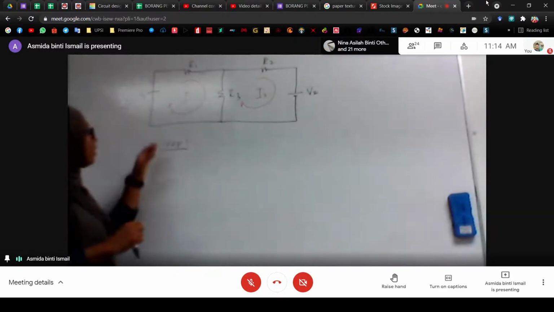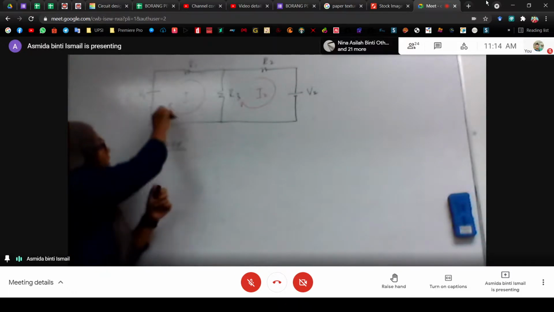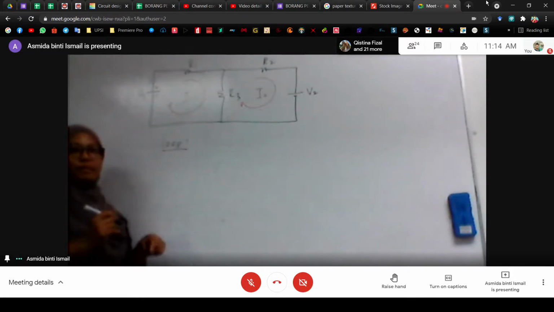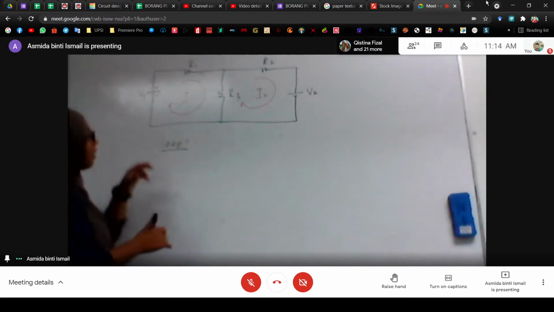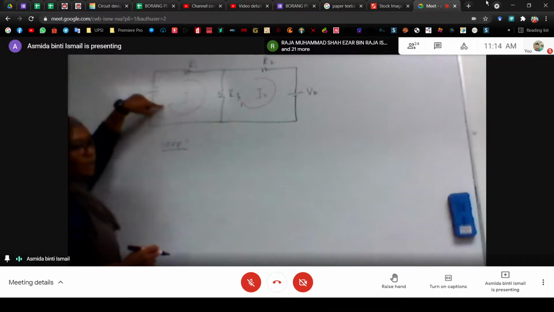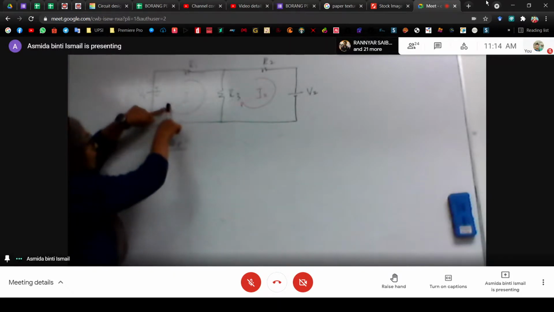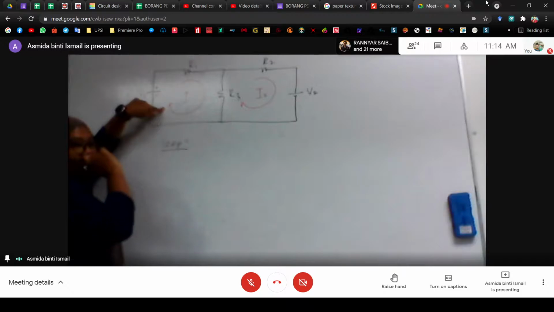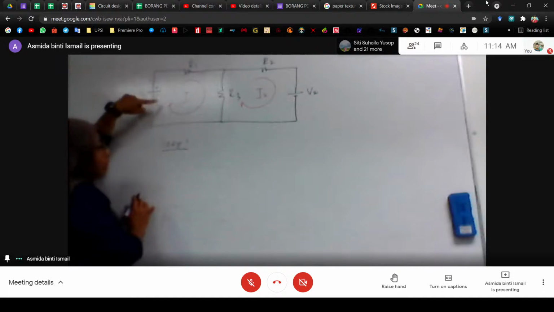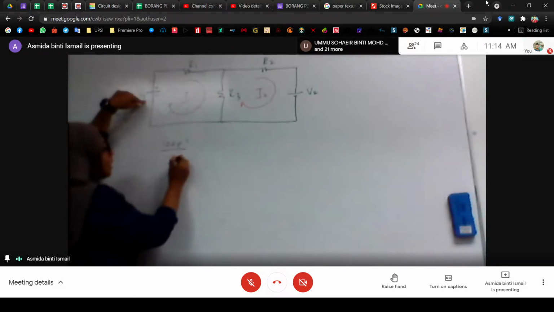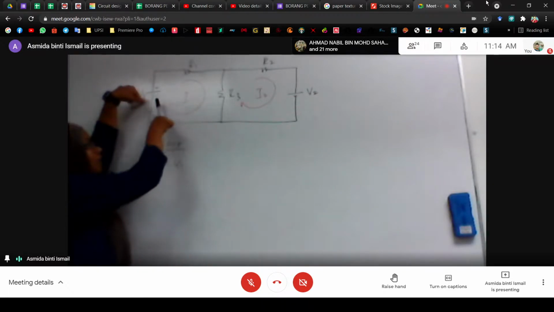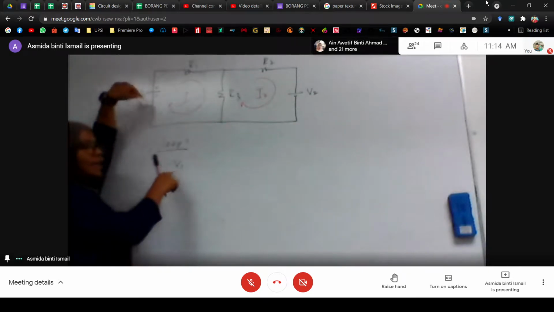You see here, you have a voltage here. This is positive and this is negative, right? So this is your loop. You see the arrow of this loop. You find the negative V1. So you just write negative V1. Dia punya anak panah ni, you jumpa negatif, so you tulis negative.